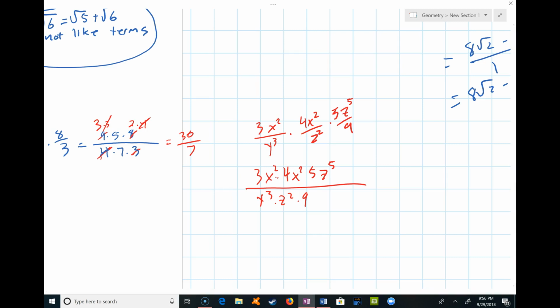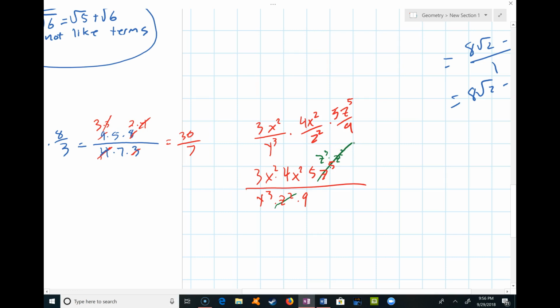For example, I could cancel 2 of these z's with 2 of those z's. So let me change colors again so it doesn't all blend in together. I can cancel 2 of those z's because this could be broken into z to the third times z squared. So that z squared we canceled out.